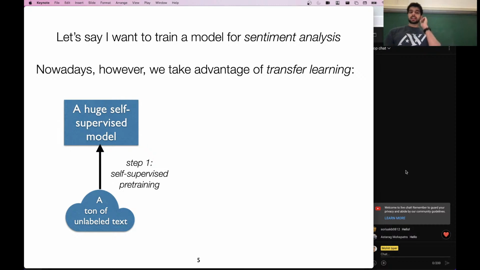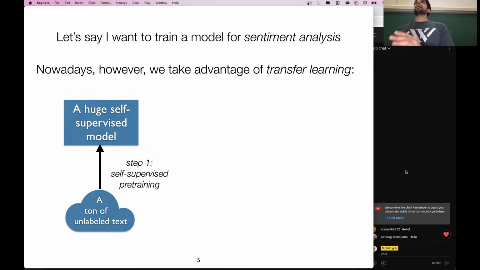However, we discussed the advantages of transfer learning. Here I have a pre-trained model that's trained via some sort of self-supervised training objective. Language modeling is one such objective. I get labels for this task for free just by collecting as much text as I can and chopping it up into various inputs and output single word, what comes next.